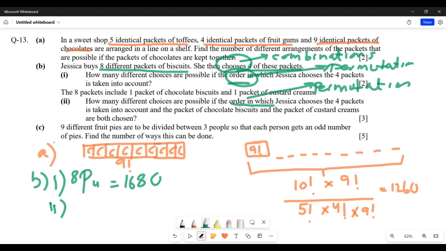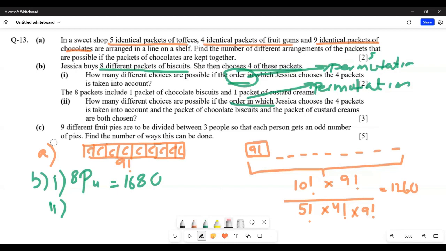Usually if it's chosen and selected, it's confirmed that it's a question on combination. But this is a rare question in which later they say that the order matters. So now it's permutation, not combination.